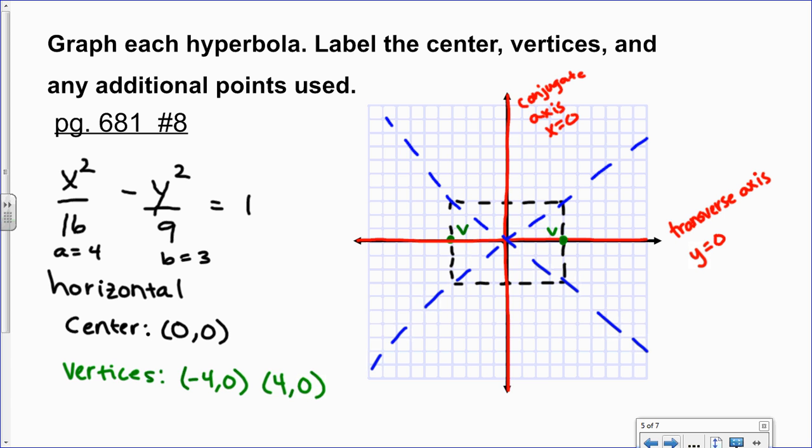So they go through your vertices, and these are asymptotes. They don't touch or cross, but they approach. So I should draw them to be getting close, but not touching or crossing.